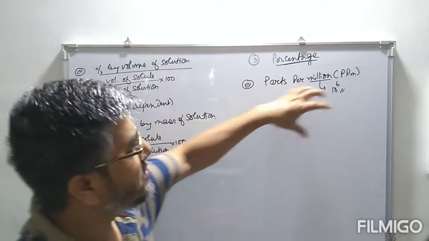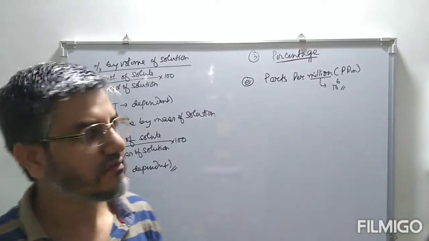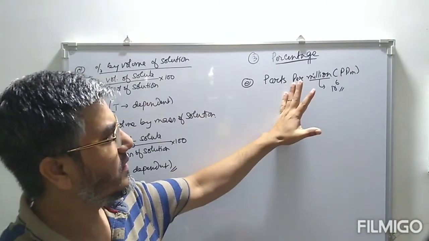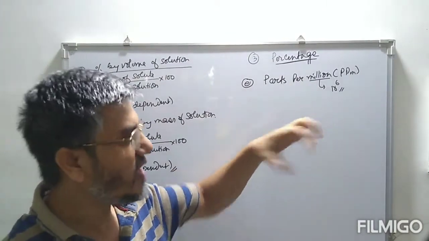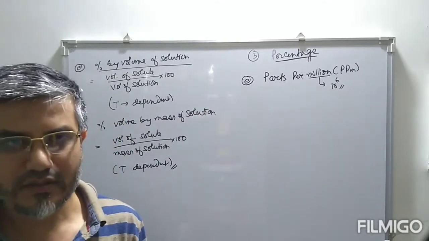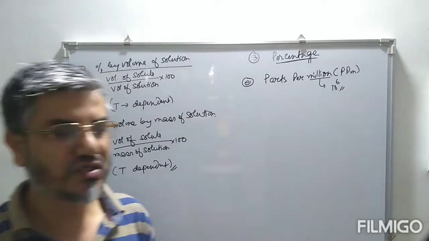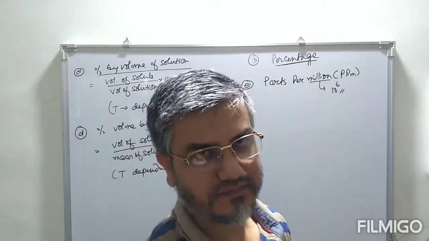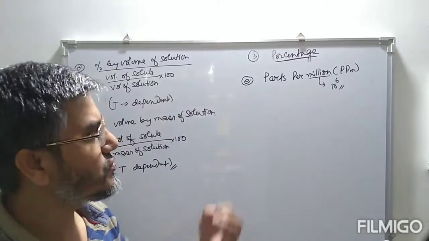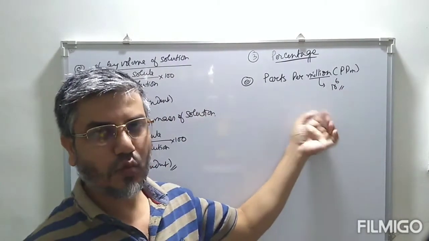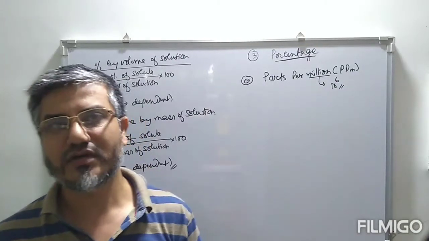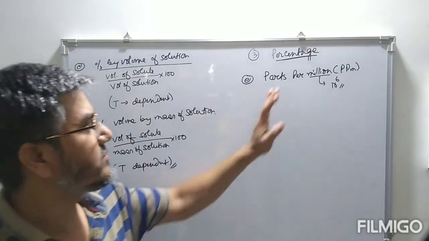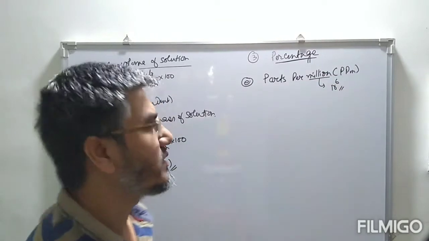So parts per million means in 1 million of the sample, what is the mass of solute present? So the mass of solute present in 1 million mass of the sample is defined as parts per million.